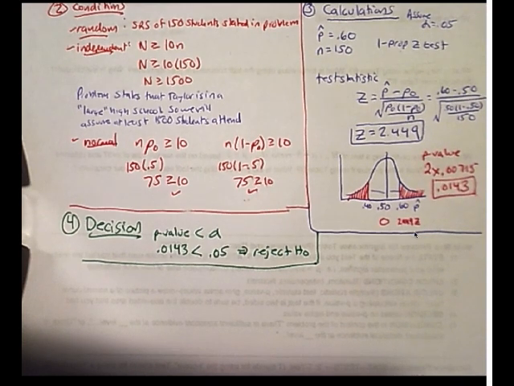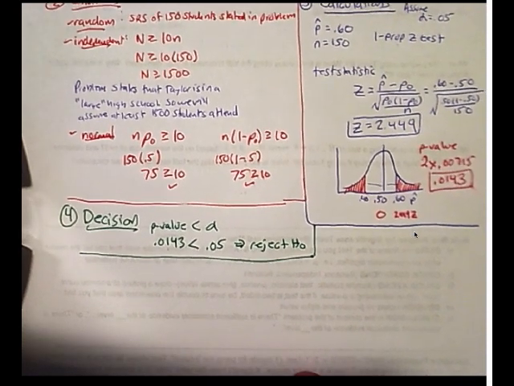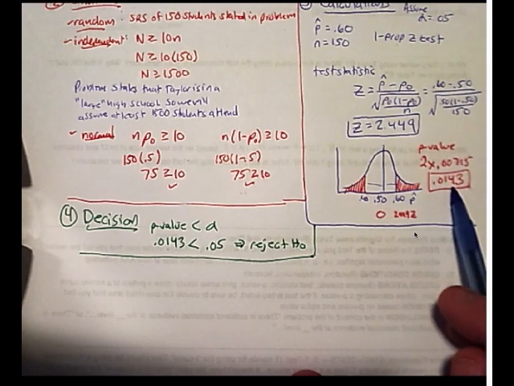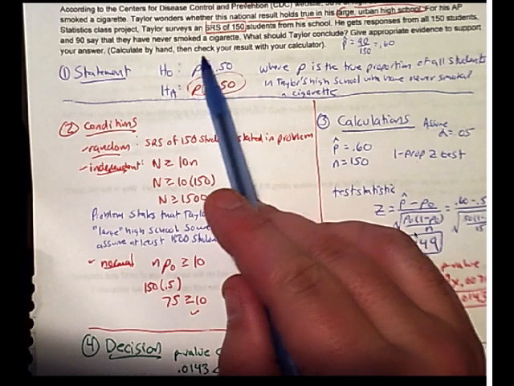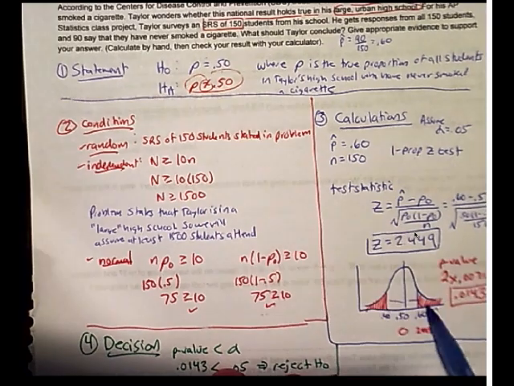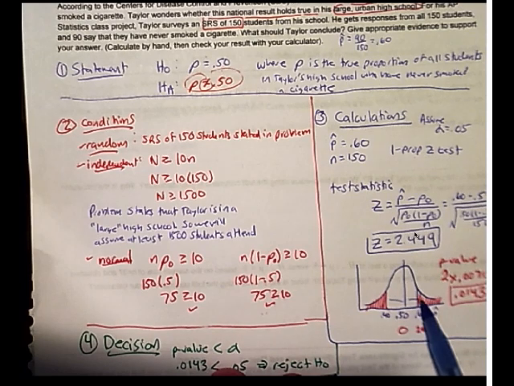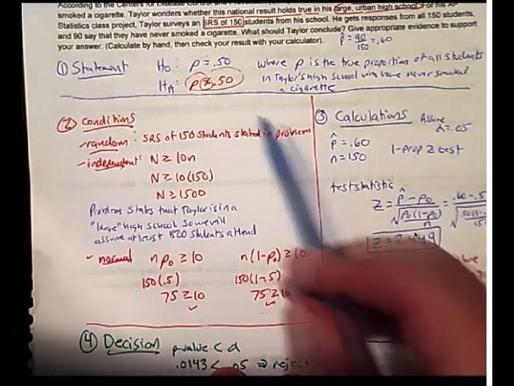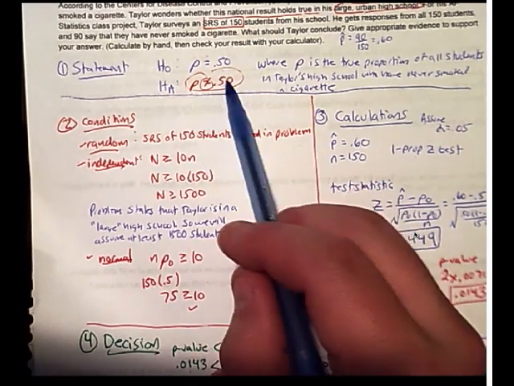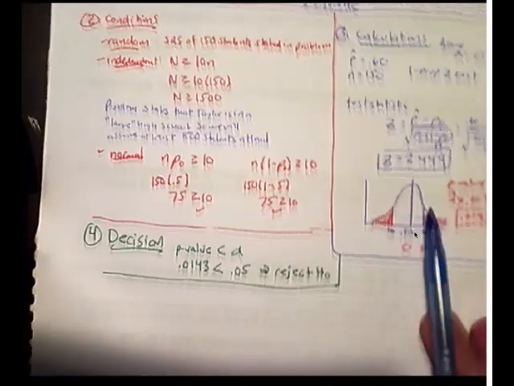That's what it means. Really small chance that that would happen. Because this is such a low probability, we don't believe this anymore. We don't believe we would get a p-hat this far out. It's not likely enough to happen. So we have evidence against this in favor of this. That's where our conclusion comes in.